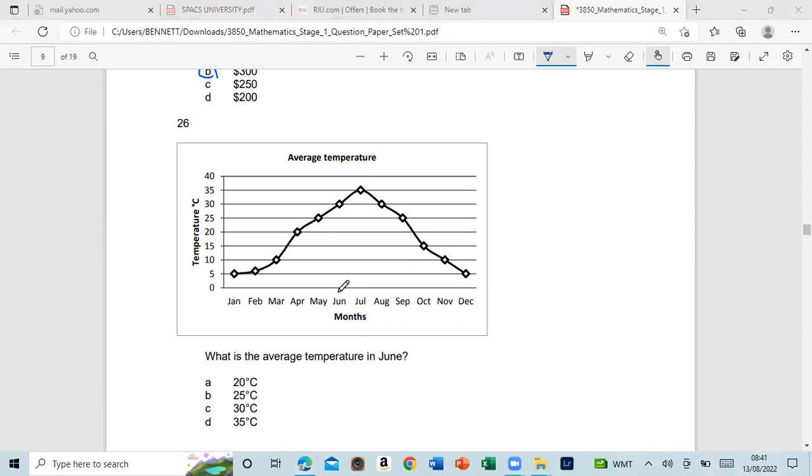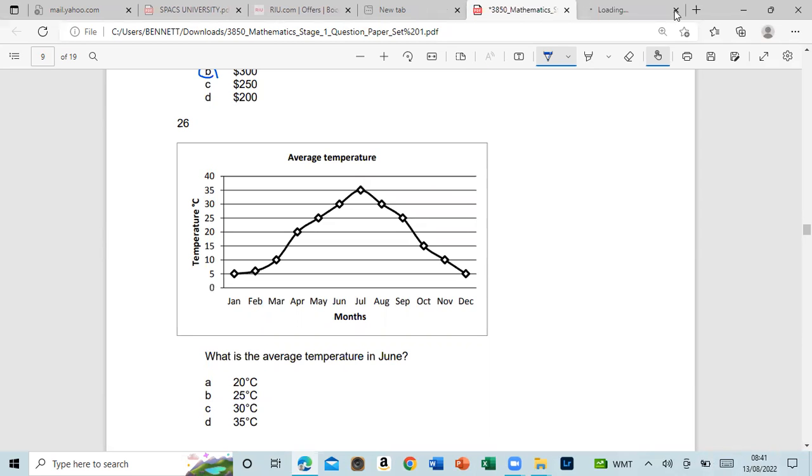All right, so we find June. Yeah, the line is so straight. So that's 30. Very good.